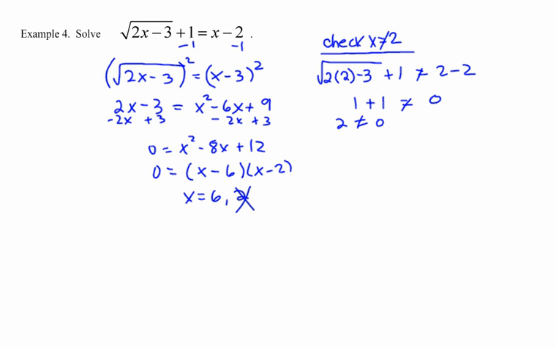Because the reason you're squaring both sides, and this is a positive root, when you square both sides, it could be plus or minus, right? So this is not the same thing as this. This has one solution, this has two.